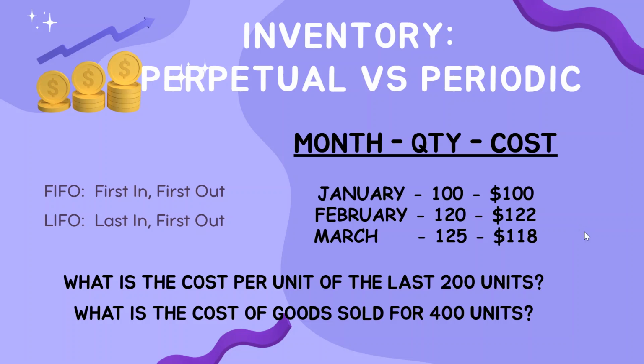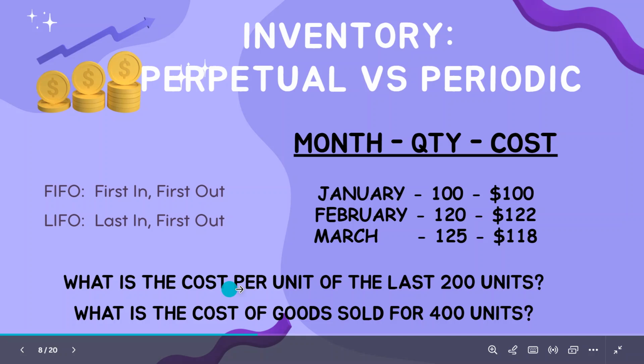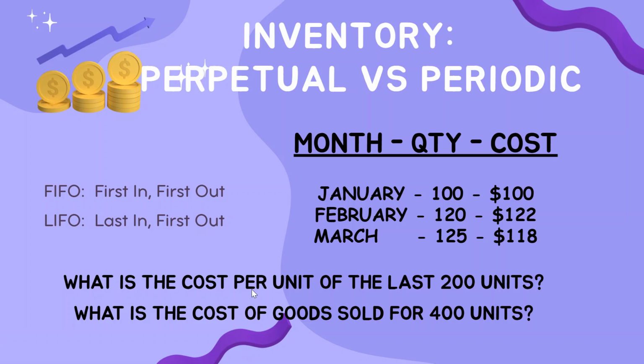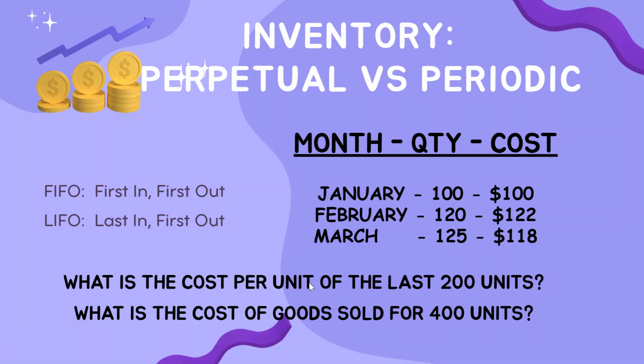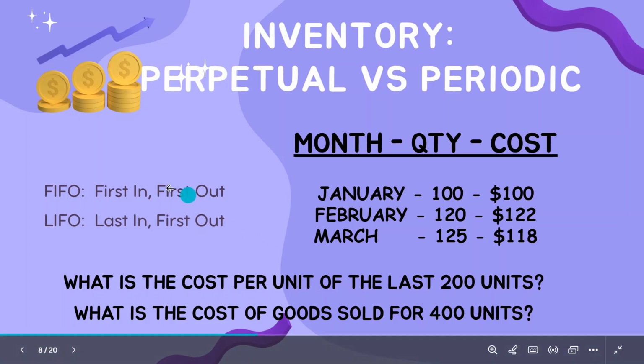Now, here we are, and we want to figure out what the value is of our inventory. Let's say that we have 200 units left in inventory. We've sold everything but 200. We have 200 left.